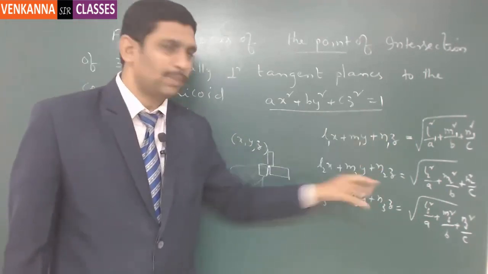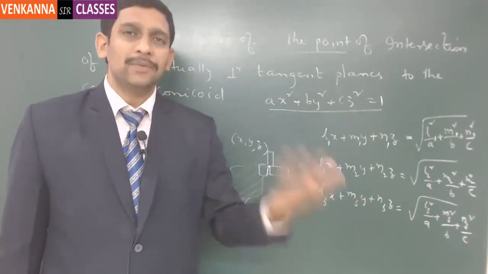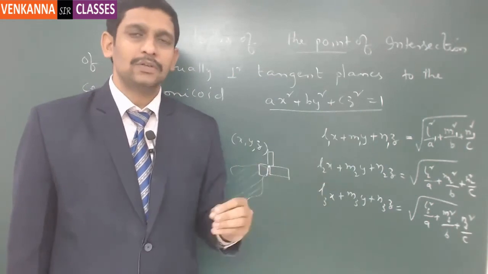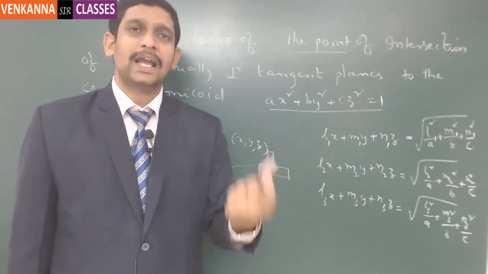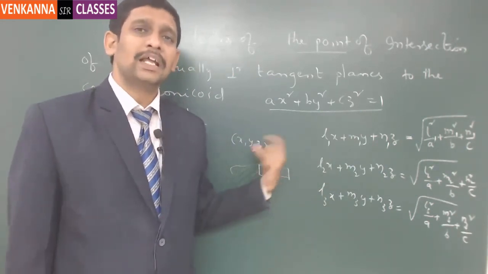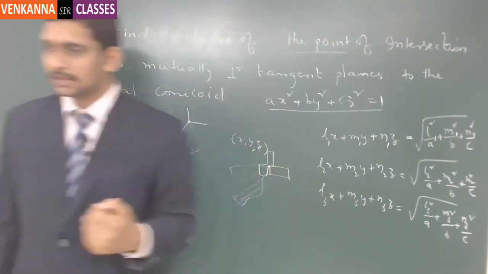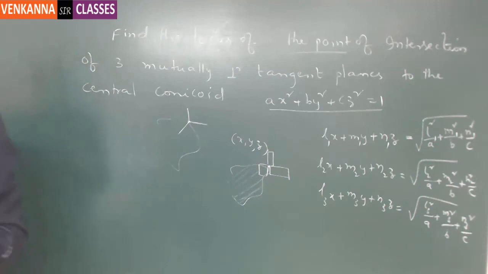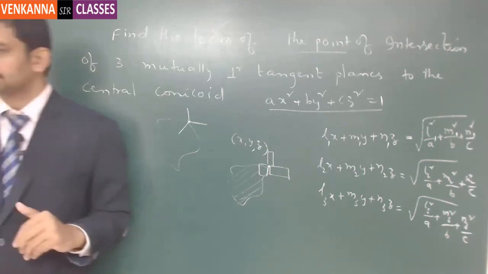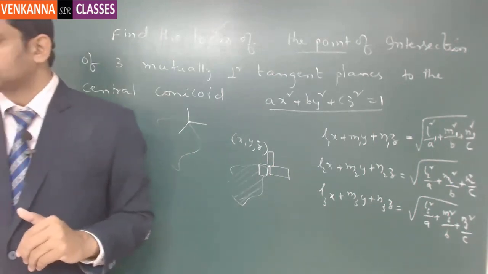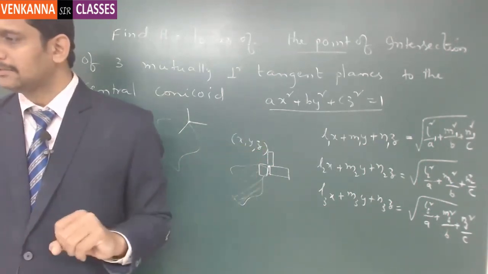So using the planes, I am eliminating the LMN values, which will give me a condition in terms of xyz, which is the desired locus. Clear? Are you getting the idea behind it? Fine.